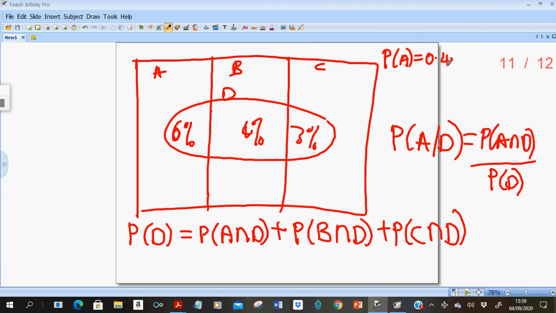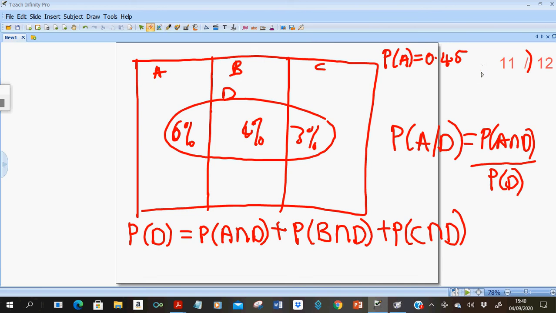Then we're given the probability that a component is defective given that it's coming from A, which is 6%, which is just 0.06.